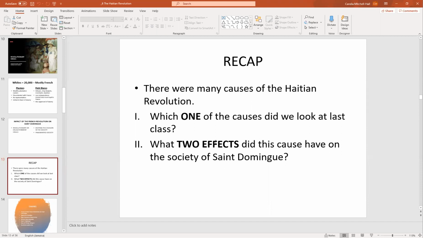Another: what ideas is the French Revolution going to plant in the minds of the people in Saint-Domingue?